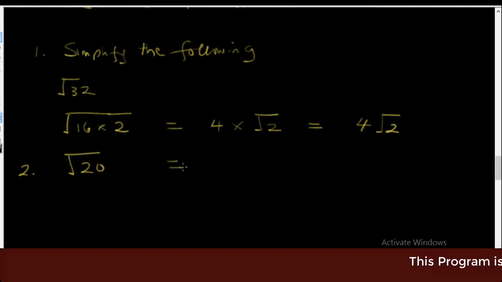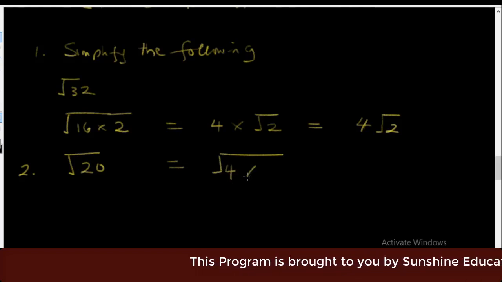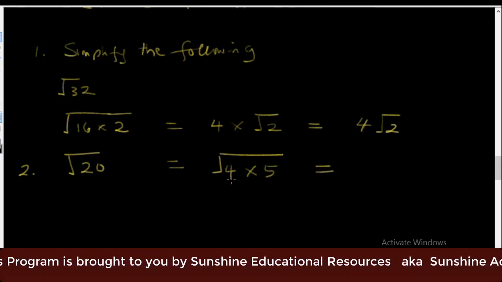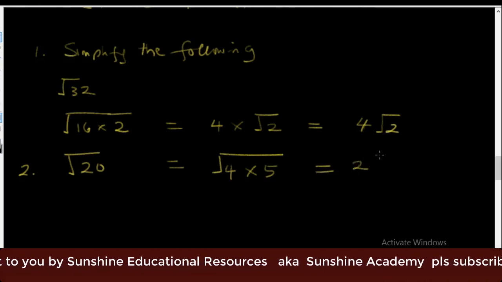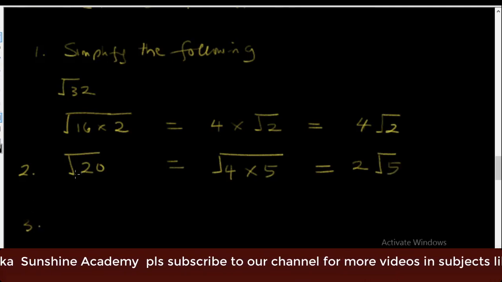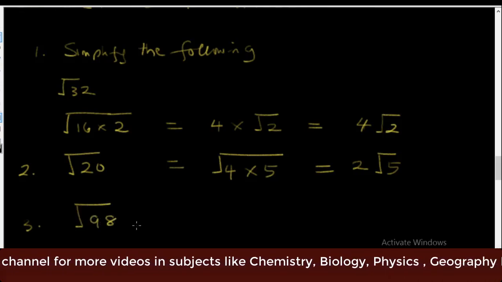Now the surd of 20 is the same as writing the surd of 4 times 5, which is equal to the surd of 4, which is 2, multiplied by the surd of 5. Now number 3, surd 98.